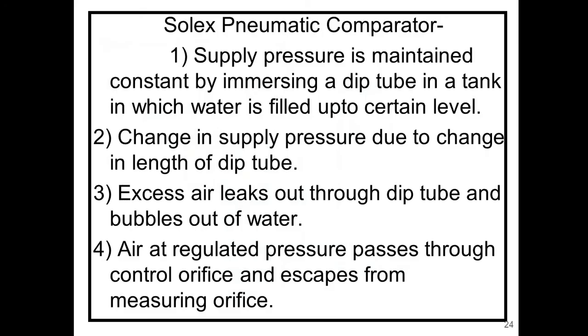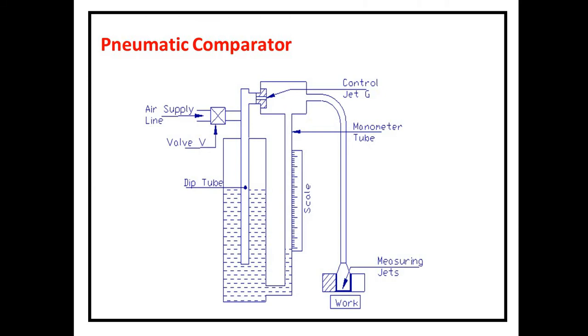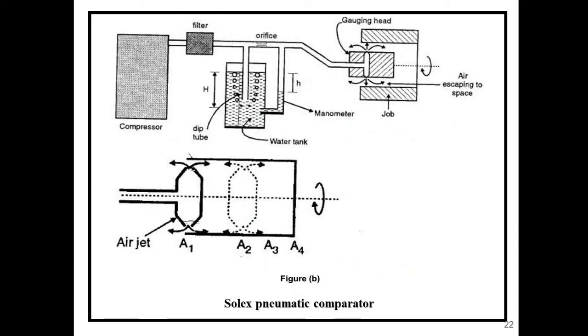Then the third one is the pneumatic comparator. Many times this type of comparator is used. Before going directly to the Solex pneumatic comparator, we will see some background of these pneumatic comparators.